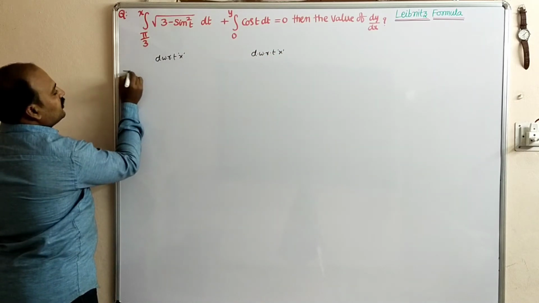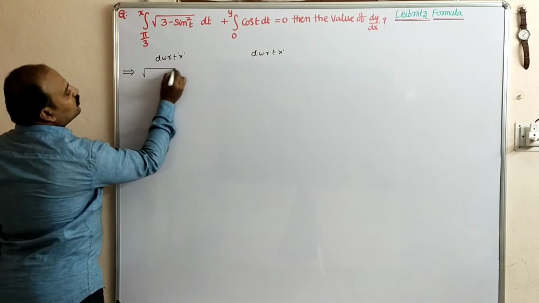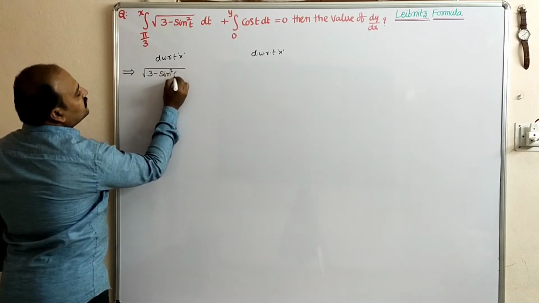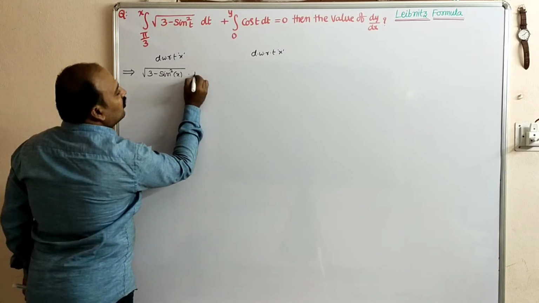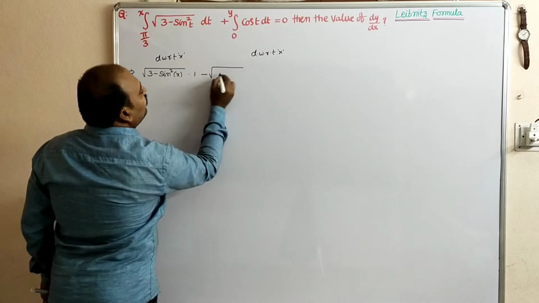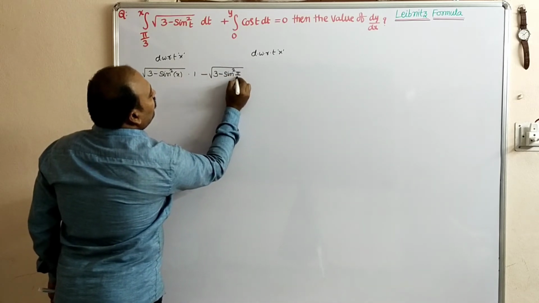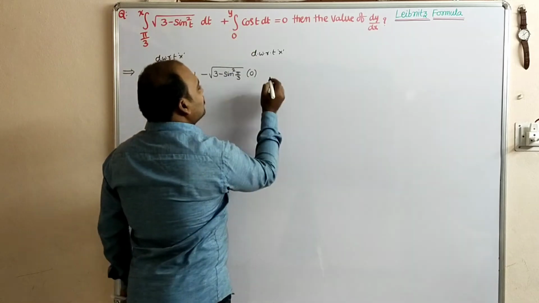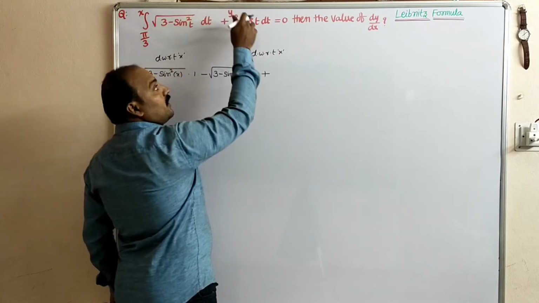So here by using the Leibniz formula, it will become square root of 3 minus sine square x. In place of t we are substituting the upper limit. Again d by dx of x is 1, minus lower limit: square root of 3 minus sine square pi by 3, pi by 3 is constant, derivative is 0, plus integral 0 to y cos t dt.